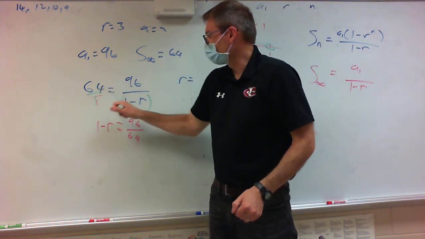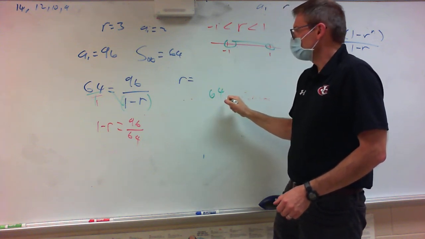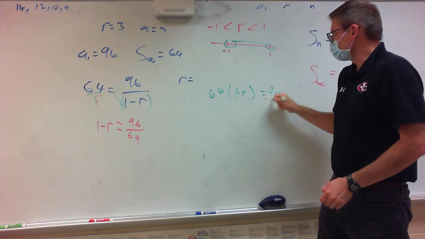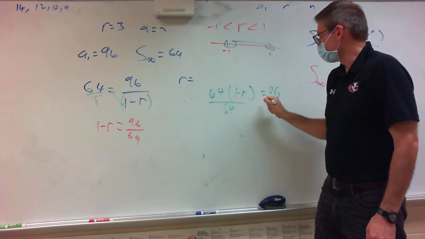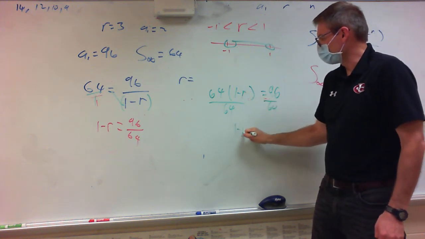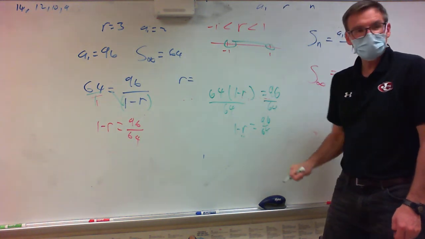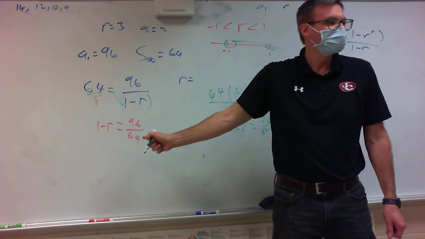So think of this over 1, and this times this is going to give me 64 times 1 minus r is equal to 96. Then I'll divide both sides by 64, and so I end up with 1 minus r is equal to 96 over 64. Oh wait, that's what I got here, isn't it?